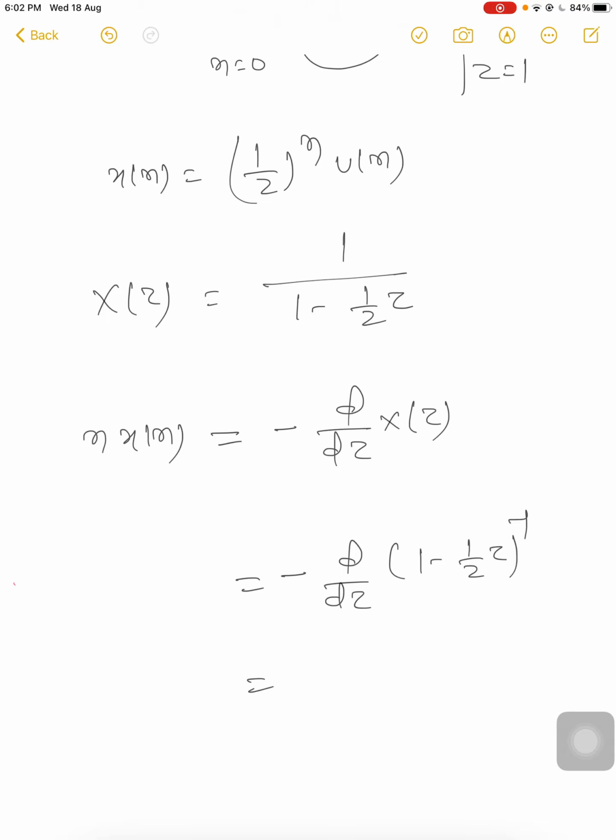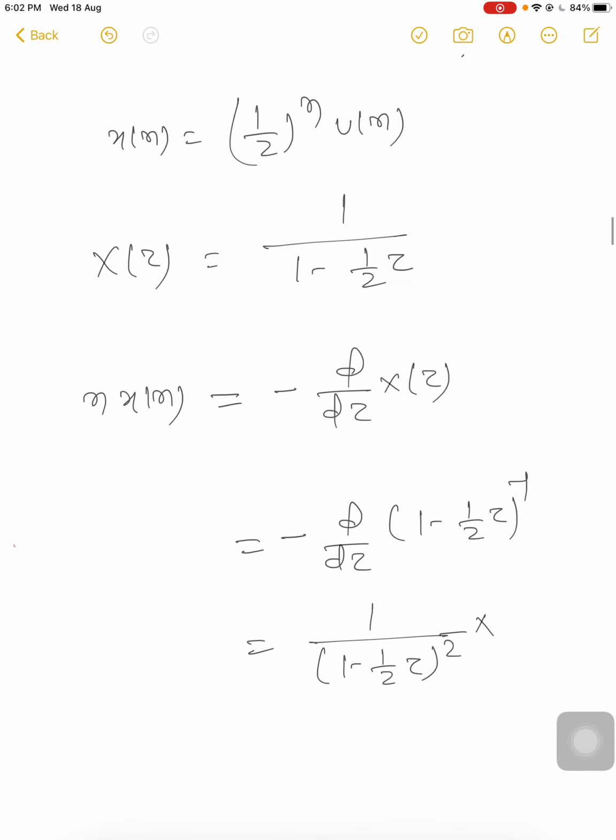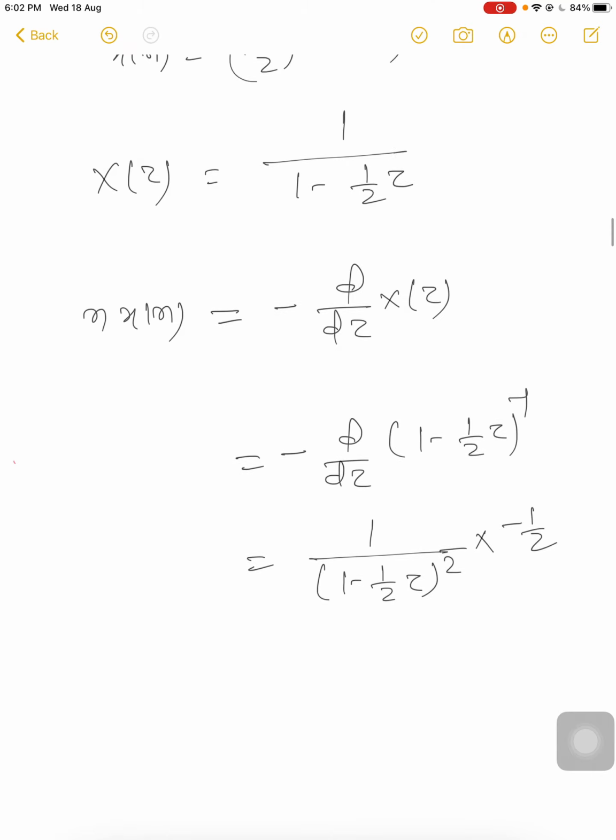Then minus plus gives plus, and it will be squared, and like this way you will get 1 upon 1 minus 1 by 2 z inverse squared, and once again differentiating this one, you will get half of minus half.